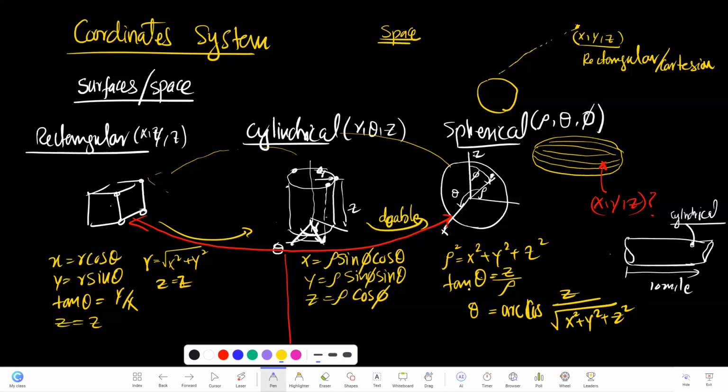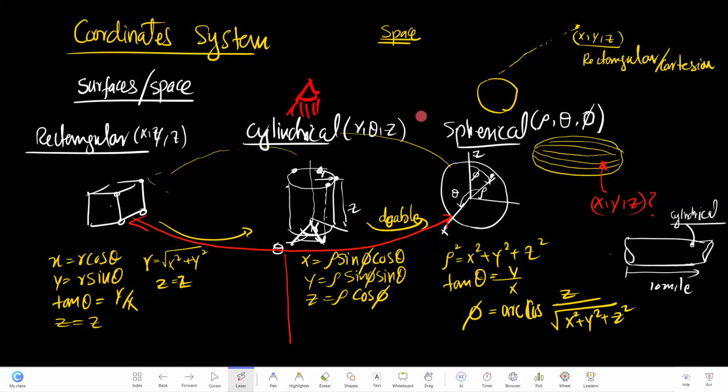You see here we don't only have tangent. We also have the arc cosine, and that's my phi. If you're seeing from the top, you don't talk about this phi, you only look at theta here and theta here.